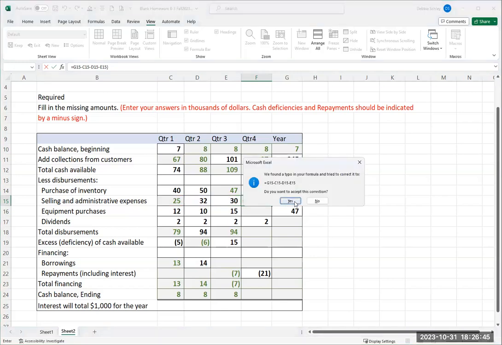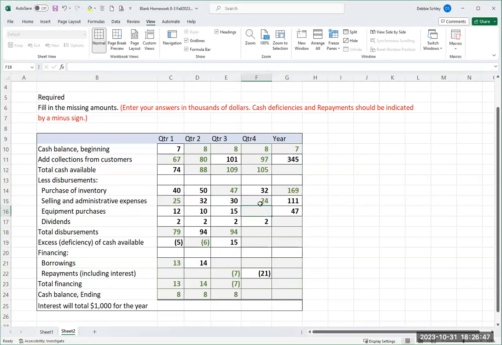And so what's left over has to be the selling and administrative for Q4. One more time for equipment purchases, same thing. It's the year total minus Q1 minus Q2 minus Q3 equals what's left over, and that has to be Q4's equipment purchases.